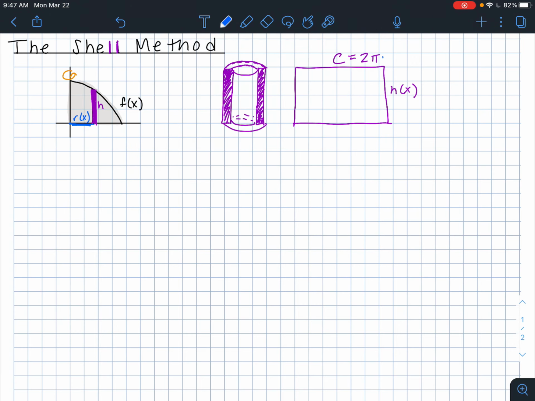There's my badly drawn graph, we're fine. So we got the line y equaling 3 here. Okay, so our area that we are rotating is this area right here, and we are rotating about the x-axis.